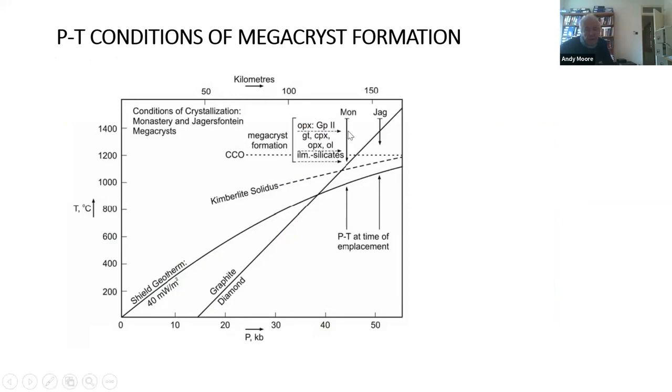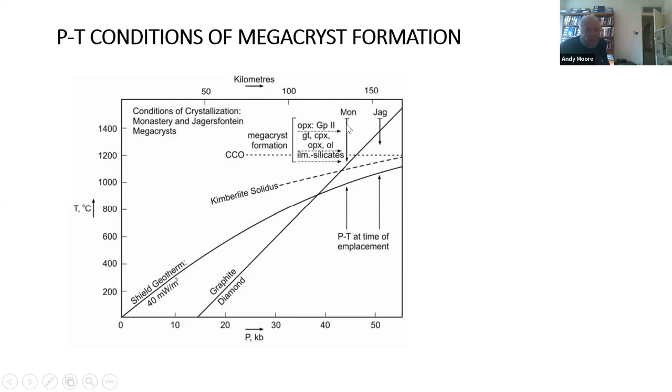It's a controversial issue, but at Monastery, John Gurney and co-workers showed that the megacryst suite formed isobarically, but over a wide temperature range extending towards the diamond stability field. This is the graphite-diamond inversion curve. The high temperature megacrysts were olivine, orthopyroxene, clinopyroxene, garnet, and the low temperature ones, ilmenite and zircon.